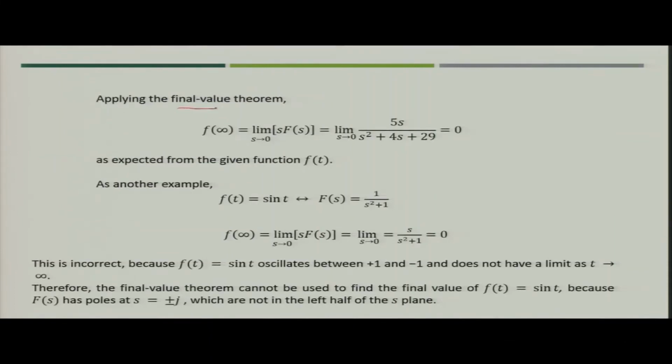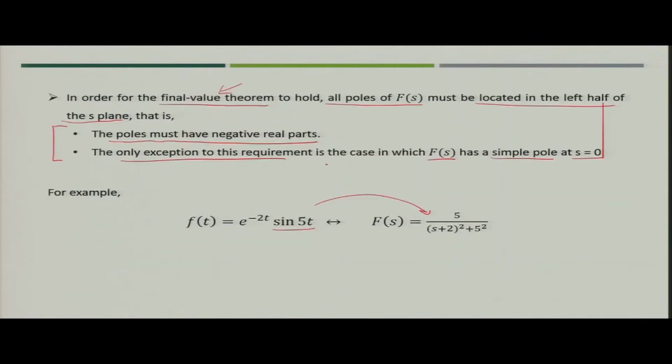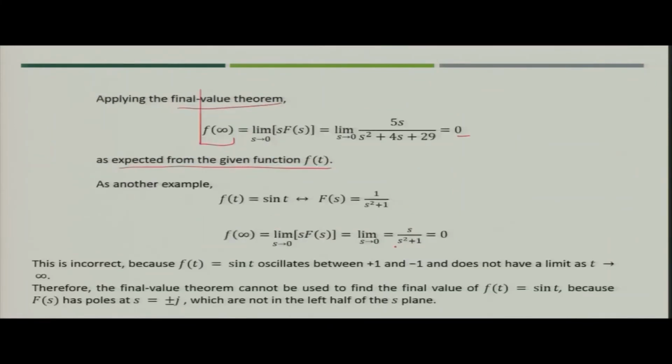If you apply the final value theorem, the value of f at infinity will be 0, because limit s tends to 0 of 5s divided by s square plus 4s plus 29 will be 0. This is what you can see from the function f(t) also, because you have an exponentially decaying component with the function. So, the final value will always be 0.